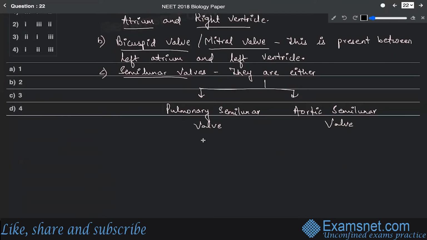So this pulmonary semilunar valve is present at the junction between right ventricle and pulmonary artery.